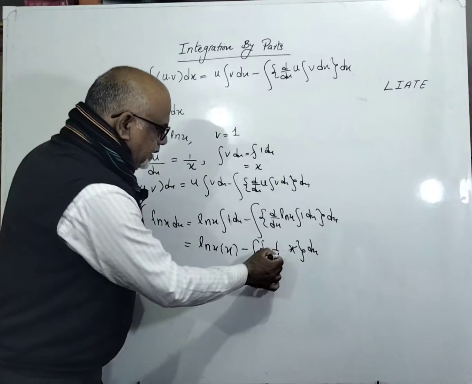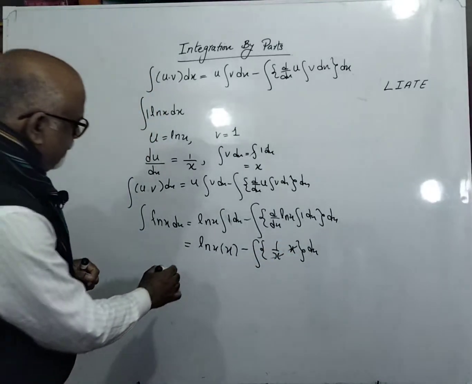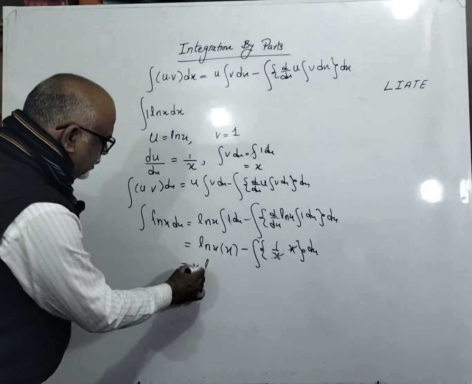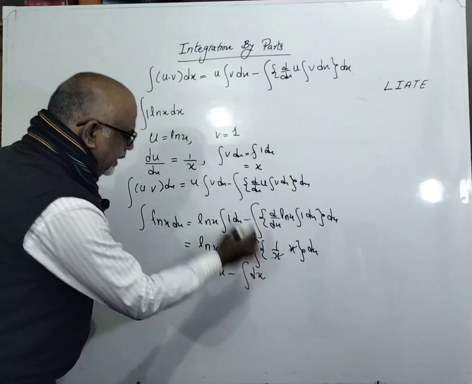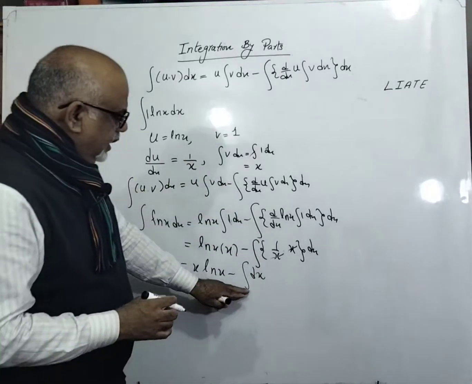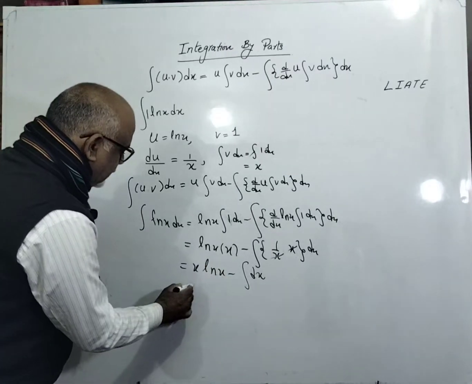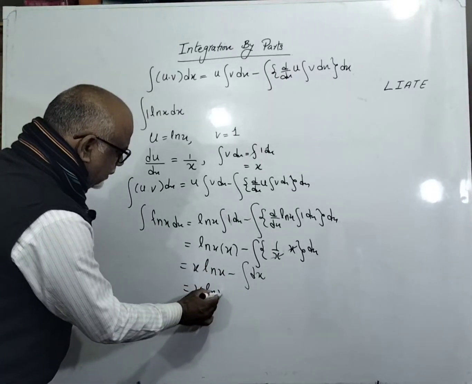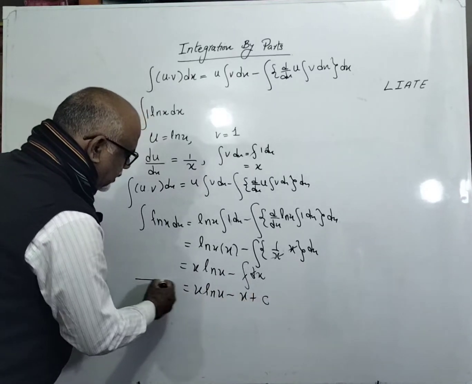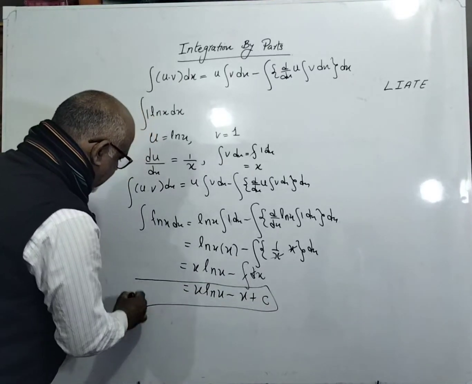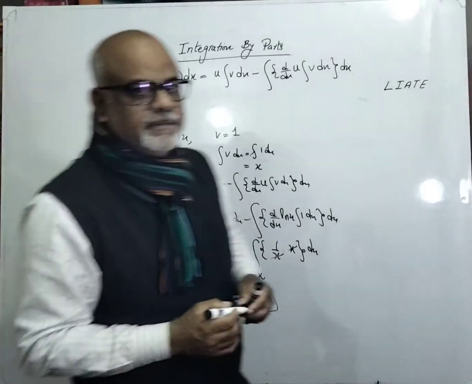So this x will cancel out with this one. So this is x ln x minus the integral of dx. Now we find the integration here. Plus c is the constant of integration, that is the arbitrary constant.